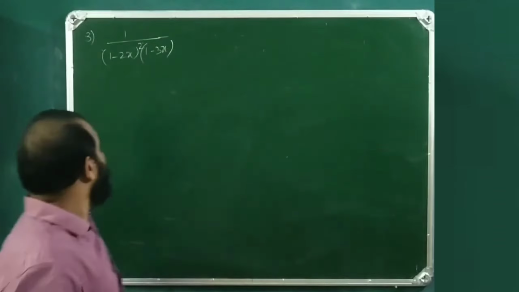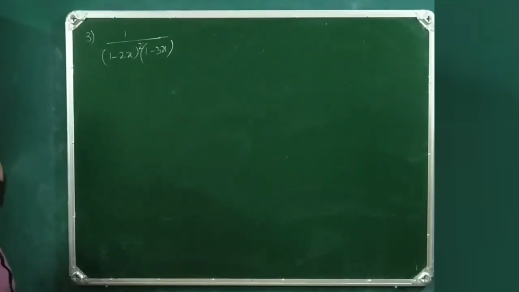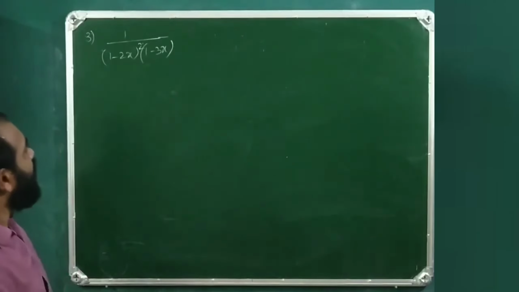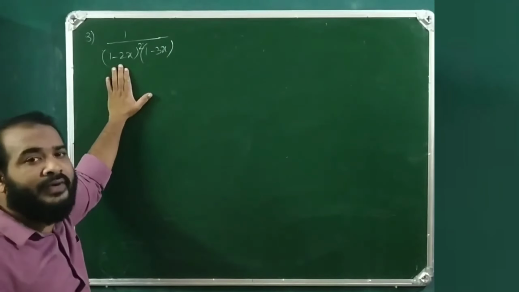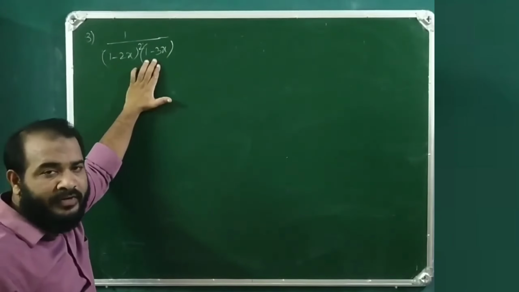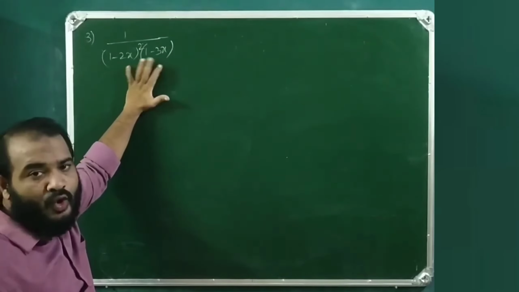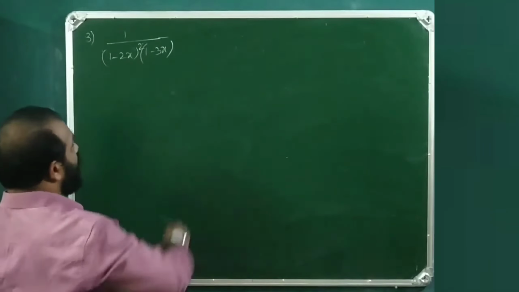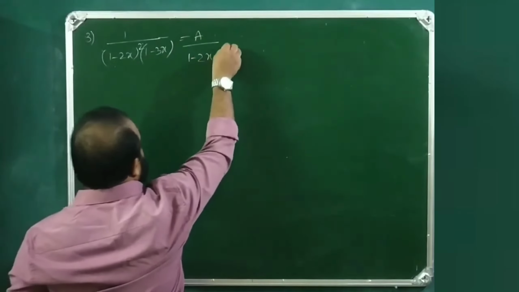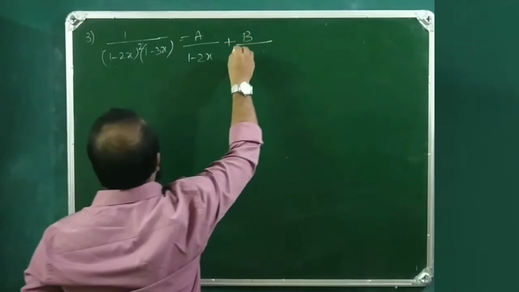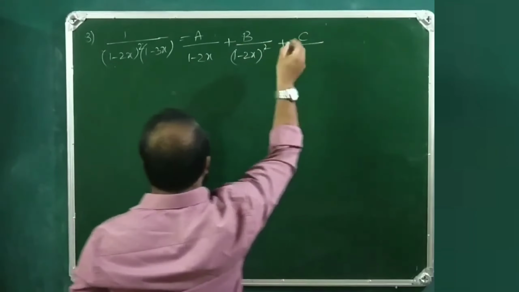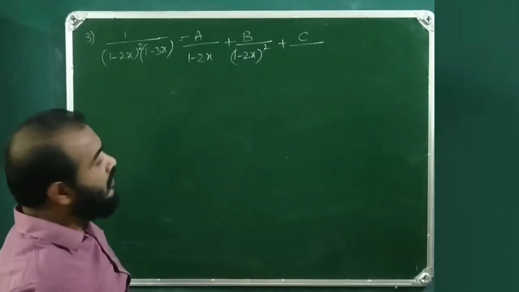Now the third question: 1 by (1 minus 2x) whole square into (1 minus 3x). So here, 1 minus 2x is the repeated linear factor, type 2. 1 minus 3x is the non-repeated linear factor, type 1. Combination of 2. So this is a by (1 minus 2x) plus b by (1 minus 2x) whole square plus, c by type 1.